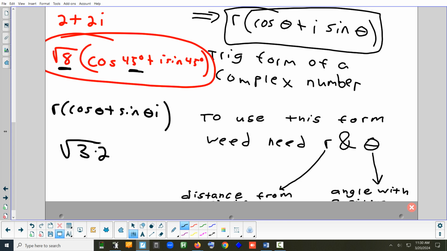If you had square root of 3 times 2, that looks confusing. Do you mean square root of 6, or do you mean that? If you put it before, there's no question it's not part of the square root. Same with the i. If you put it before, there's no question it's not part of the argument to sine. That makes sense. So that's why they do it.